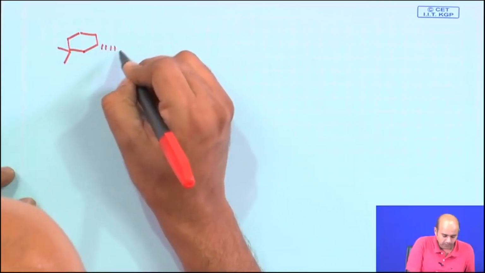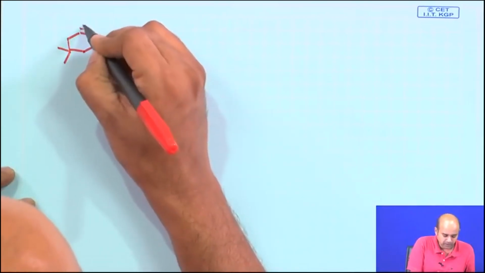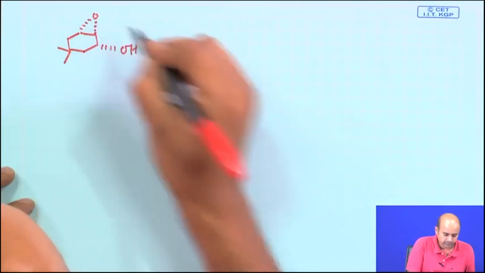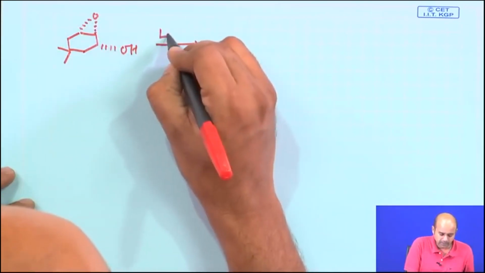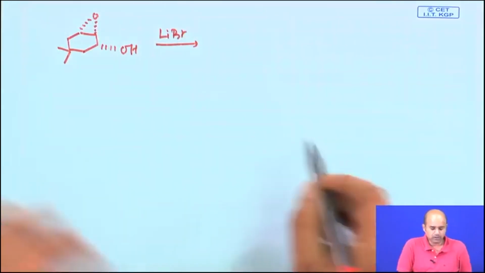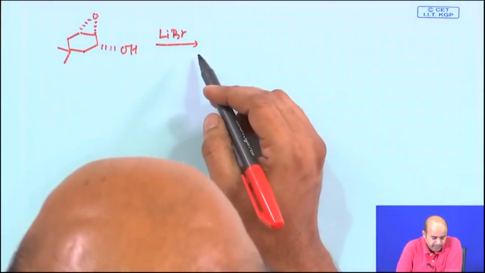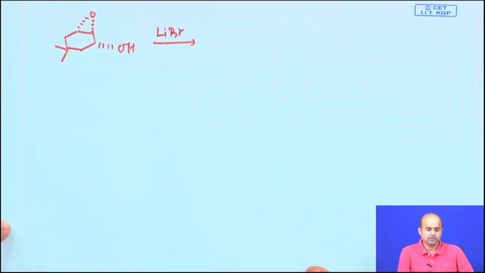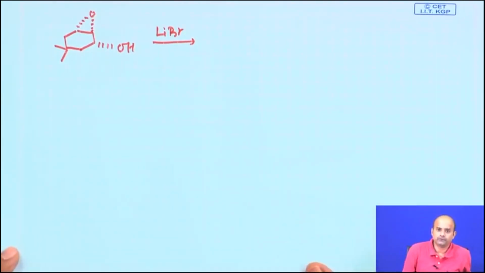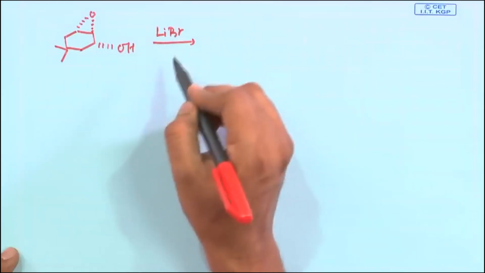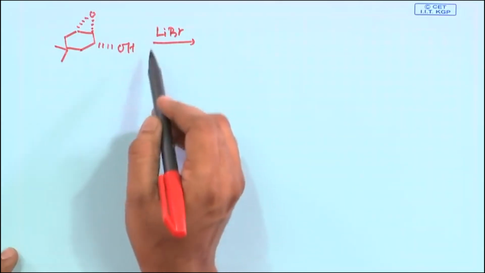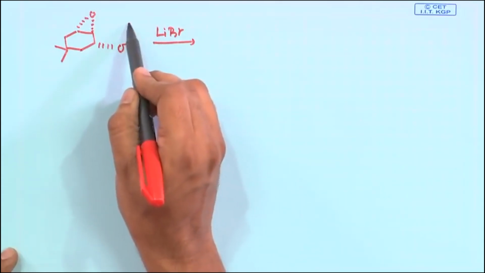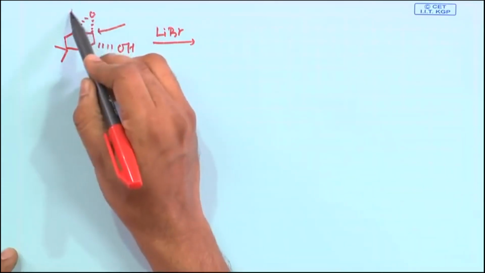I am explaining how this Magnuson ring contraction takes place. Next step is lithium bromide opening. Now, lithium bromide is a nucleophile. It basically can attack the epoxide through an anti transition state. Now, Br minus is a nucleophile and it will try to attack either from this side or this side.